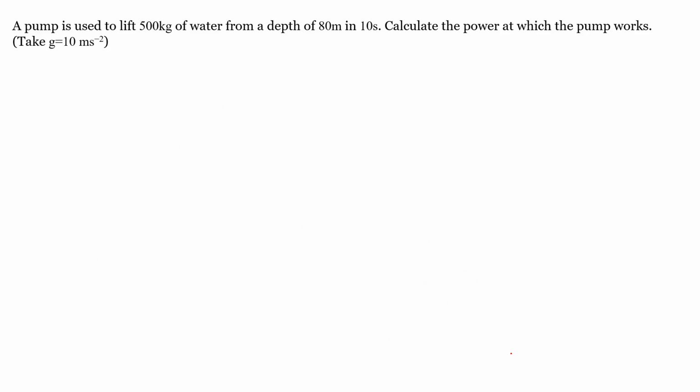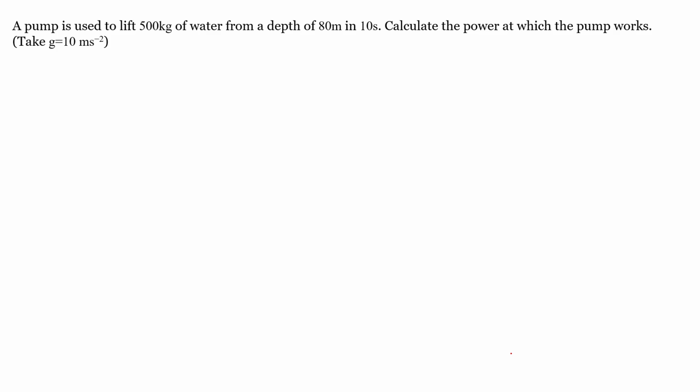Now we will solve another problem. A pump is used to lift 500 kilograms of water from a depth of 80 meters in 10 seconds. Calculate the power at which the pump works.